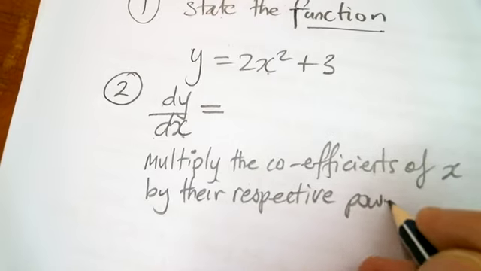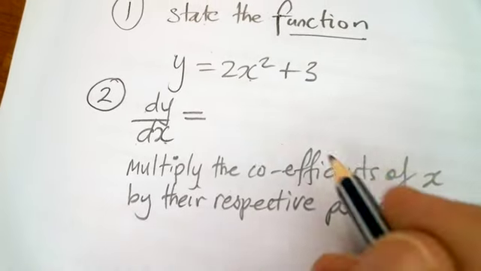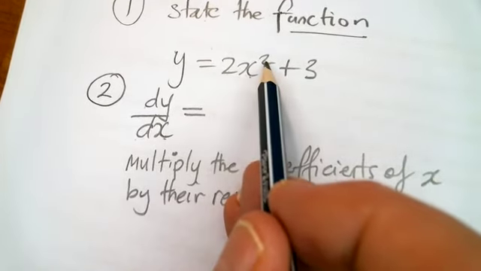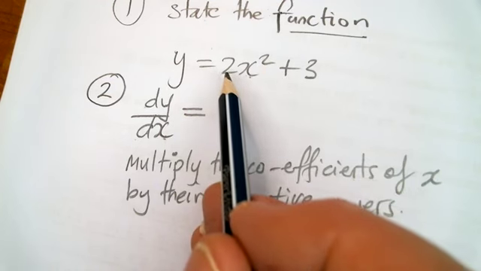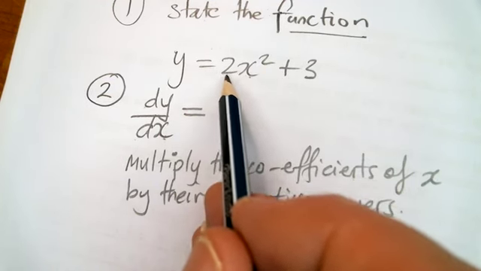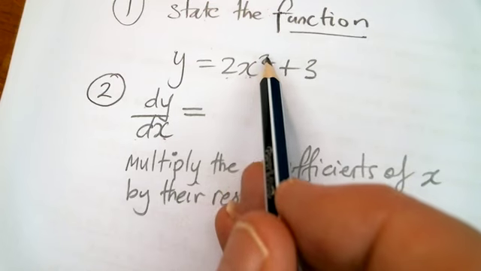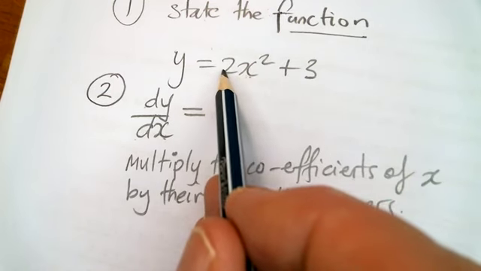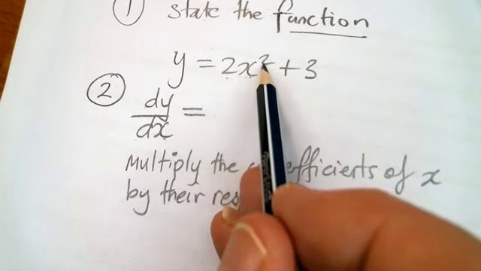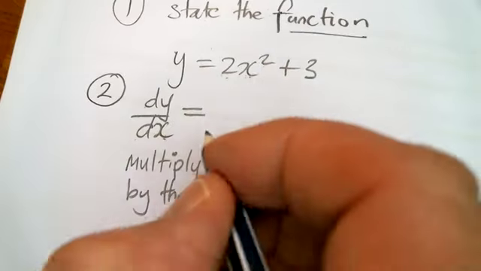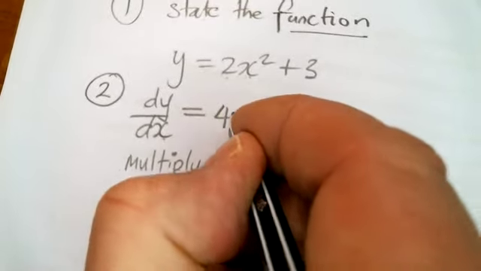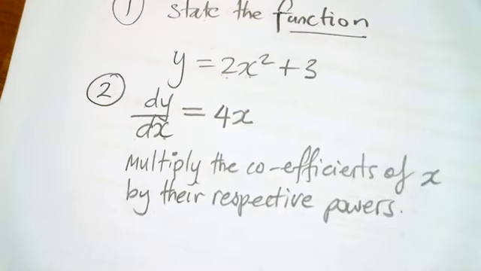So, what does that mean? Well, let's say I've got 2x squared. 2 is the coefficient, it's the thing in front of the x, and its power is 2. So this is going to be 2 times 2. 2 times 2 is 4. So we write a 4 and we write the x again.